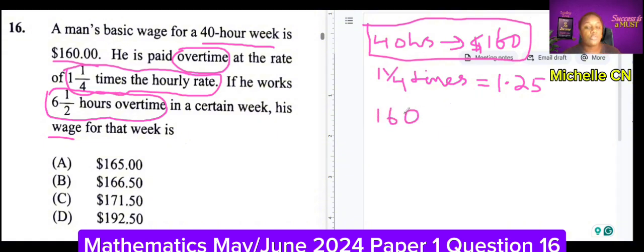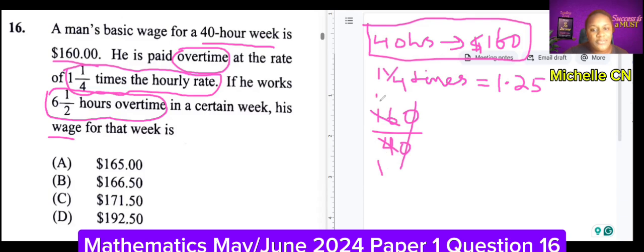Some of you will do long division, which is longer, of course. I will do the short division like this. Divide the amount for a basic week by the hours worked. Anything that ends in 0 could be divided by 10. So 10 into 160 leaves us with 16, and 40 divided by 10 is 4. 16 divided by 4 is 4, and 4 divided by 4 is 1.